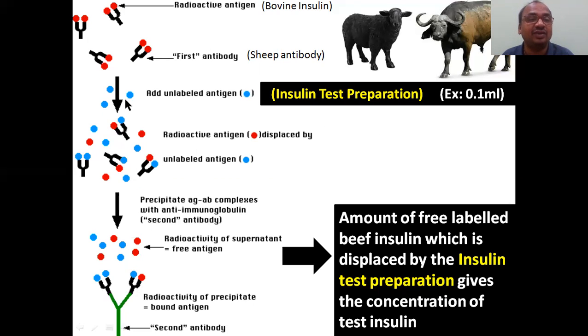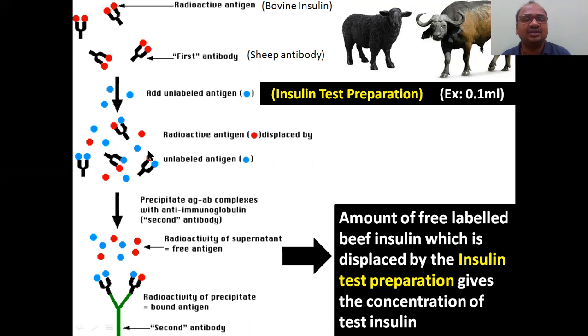So when you give it now, what happens? See, this blue color is nothing but the human test insulin. It replaces the radioactive antigen. See here, it becomes free. So how much is displaced? Bovine insulin or beef insulin is displaced by the human insulin. How much it is, that is directly proportional to the percentage.